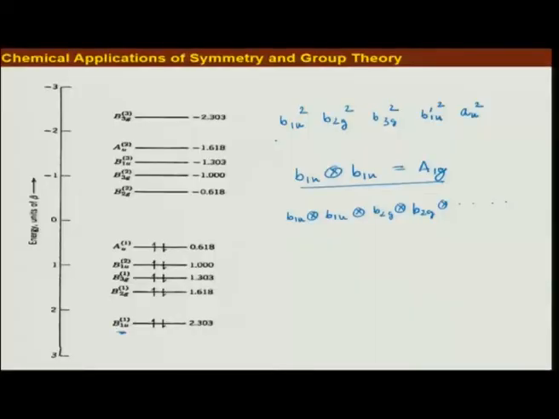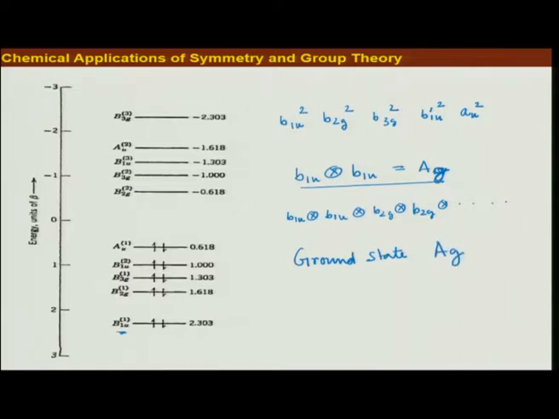So here for D2H, the totally symmetric IR is AG, right? So if this is my configuration at the ground state, which it is, then the ground state has the symmetry of AG.